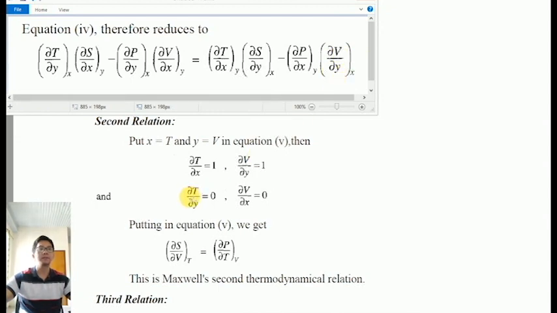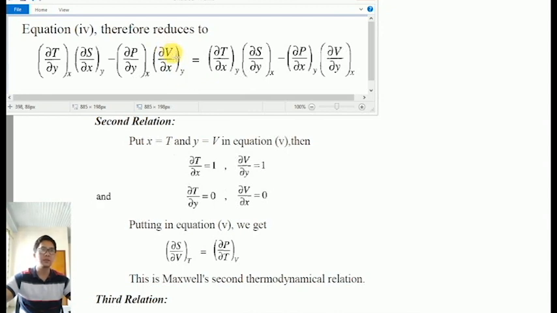And del t by del y at constant x. Remember, at constant x. Constant x means t equal to x. Here we have x equal to t, constant temperature. This means the differentiation will become 0. Then we have del v by del x at constant y. Y is equal to v, that means at constant volume.